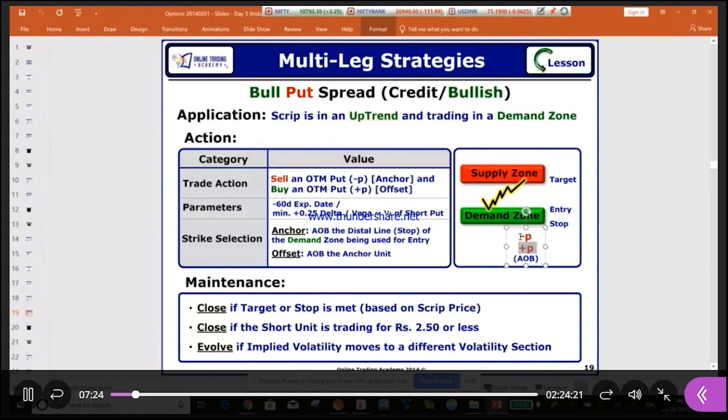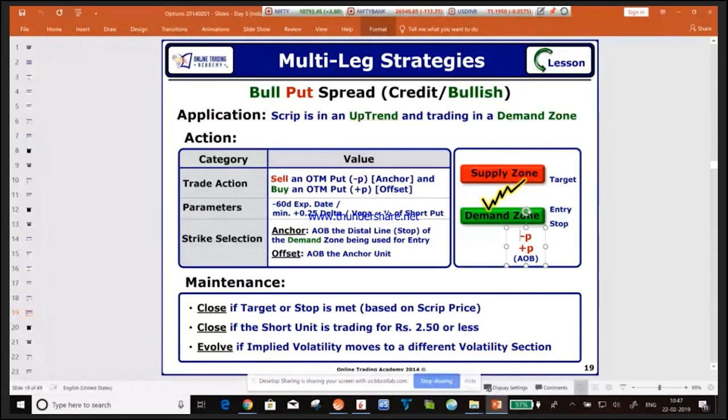Minus P and plus P, that value should be half of the anchor unit. Yeah, the net Vega should be half of the anchor unit because that is when we have tamed the impact of volatility. Make sense?